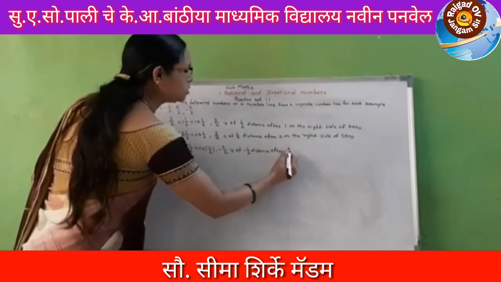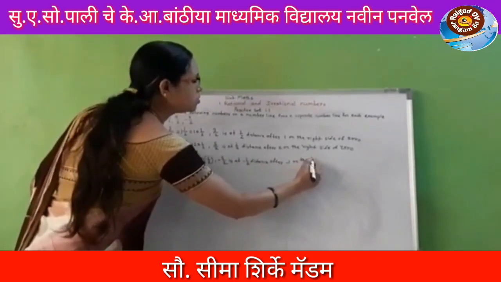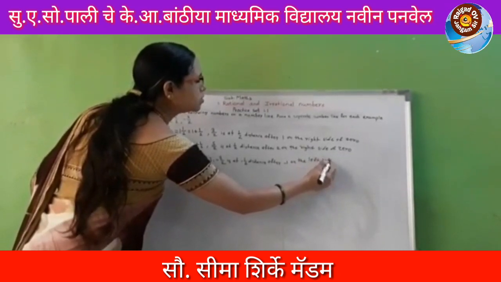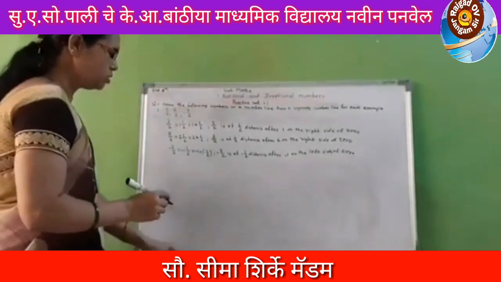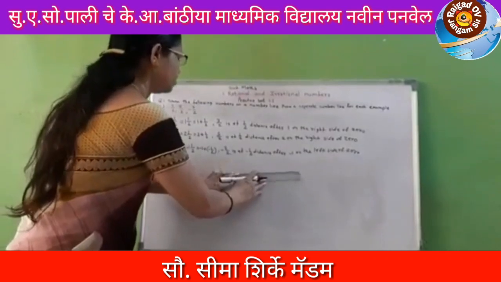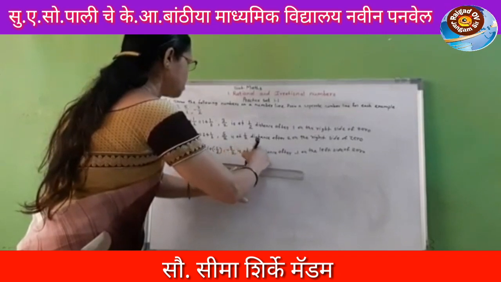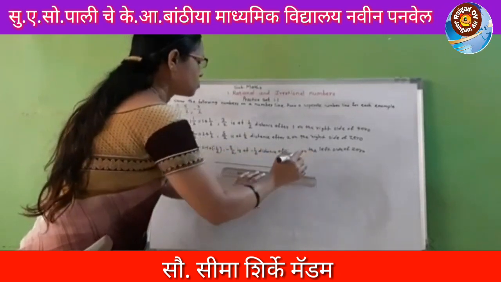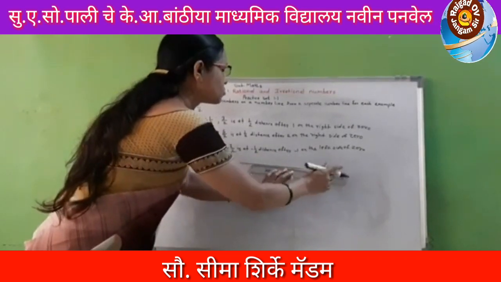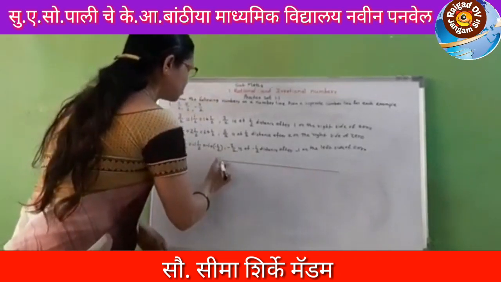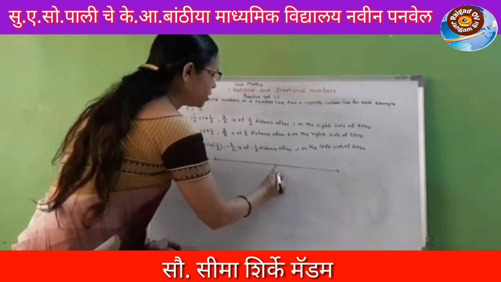After minus 1, on the left side of 0. Draw number line. Take 0 as a midpoint.